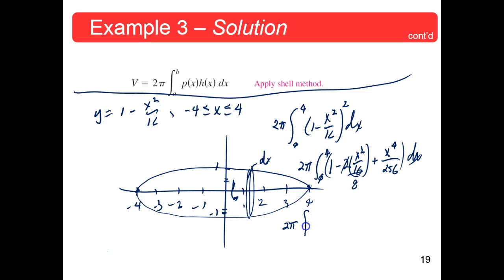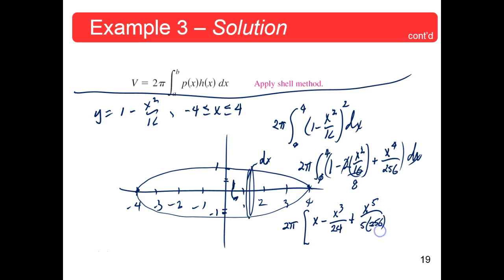What's the antiderivative of 1 dx? x, okay, minus antiderivative of x squared over 8: x cubed over 24, plus antiderivative of x fourth over 256: x fifth over, let me just put 5 times 256.